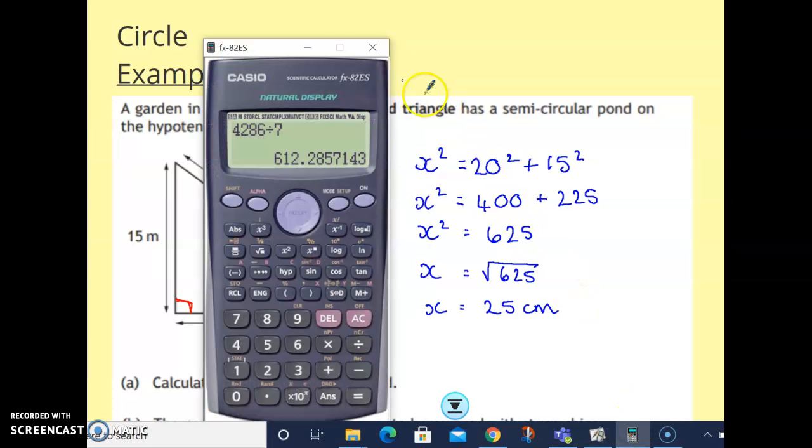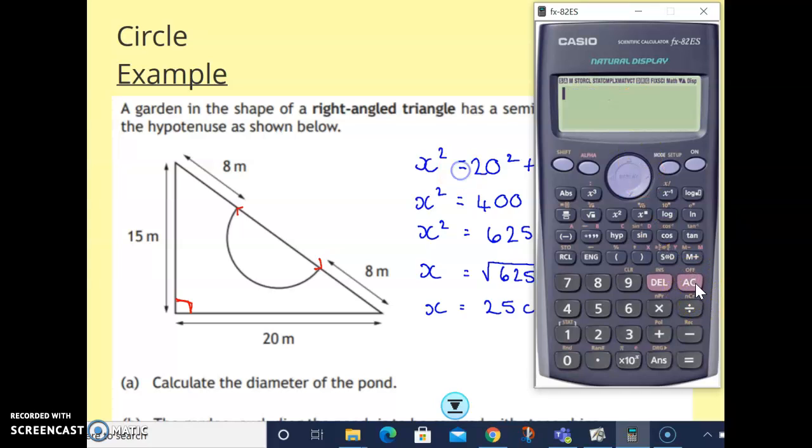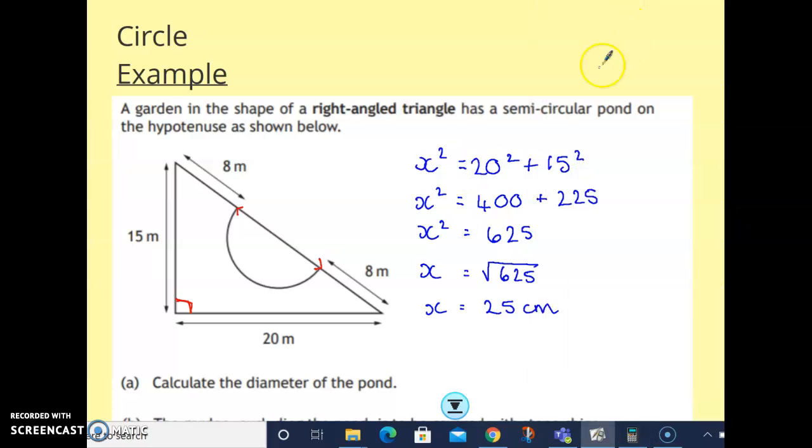I've done that without a calculator, but it is a calculator question, so you can use your calculator. 20 squared plus 15 squared is 625, and the square root of 625 gives us 25. That gives us the full length of the hypotenuse.